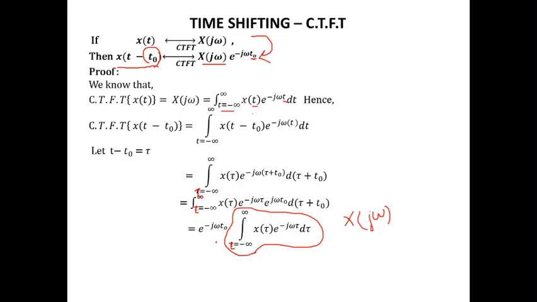So this equation can be written as e power minus j omega t naught multiplied by x of j omega, and hence the property is proved.